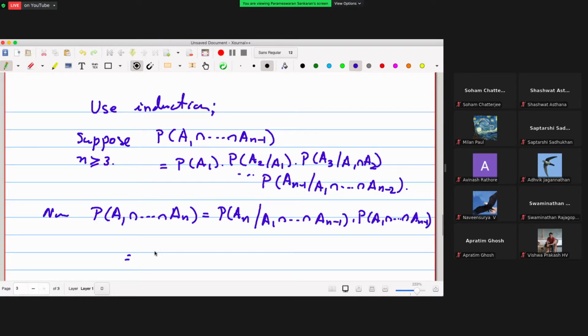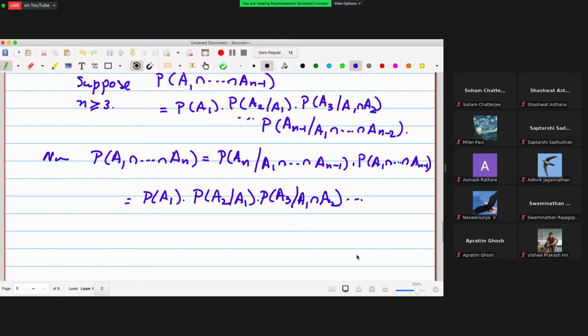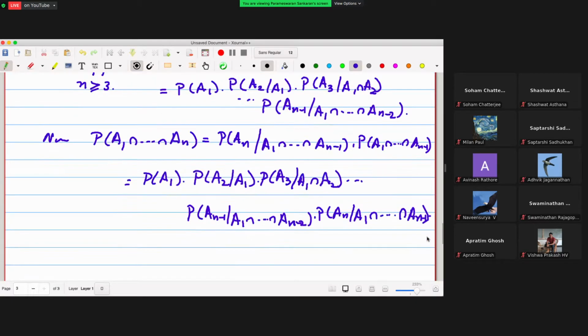When you substitute it, write it in the reverse order: probability of A1, probability of A2 given A1, probability of A3 given A1 intersection A2, and so on, up to probability of An minus 1 given A1 intersection An minus 2 times probability of An given A1 intersection and so on intersection An minus 1. Okay, finally we got it right.